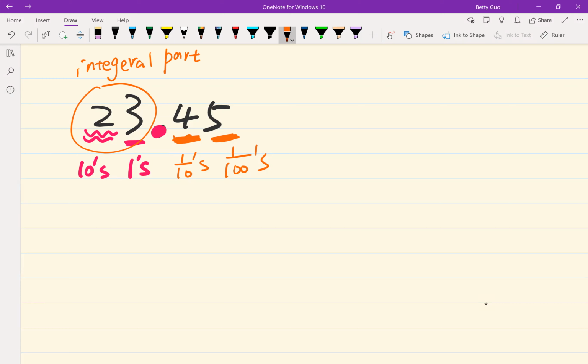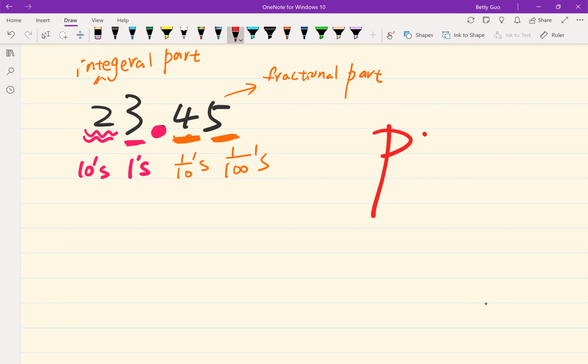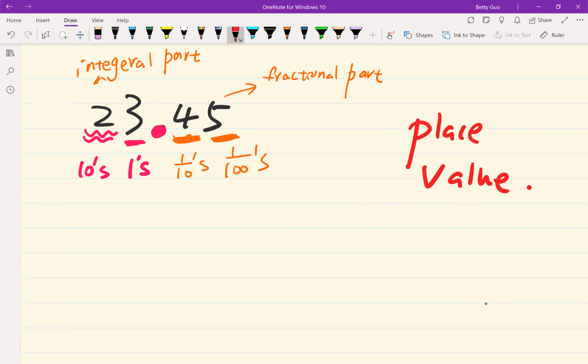And the part to the right of the decimal point is the fractional part, because it's not enough to be an integer. So all those digits have place value. Let me explain what place value is for decimals.